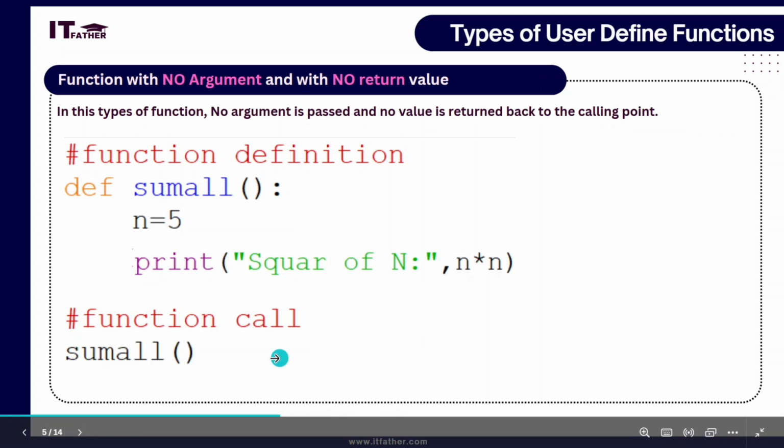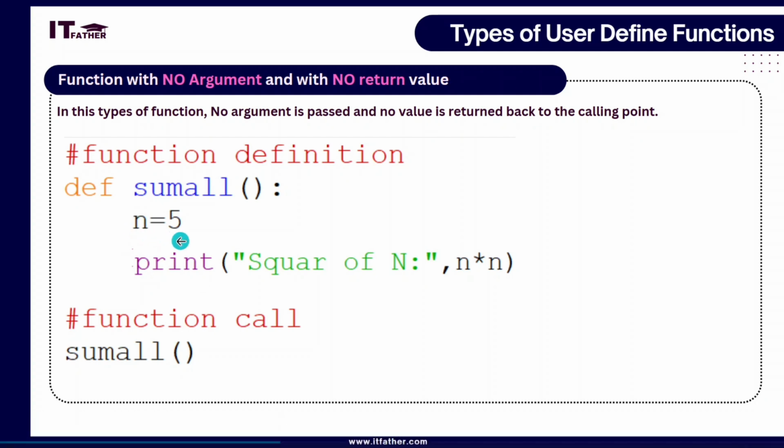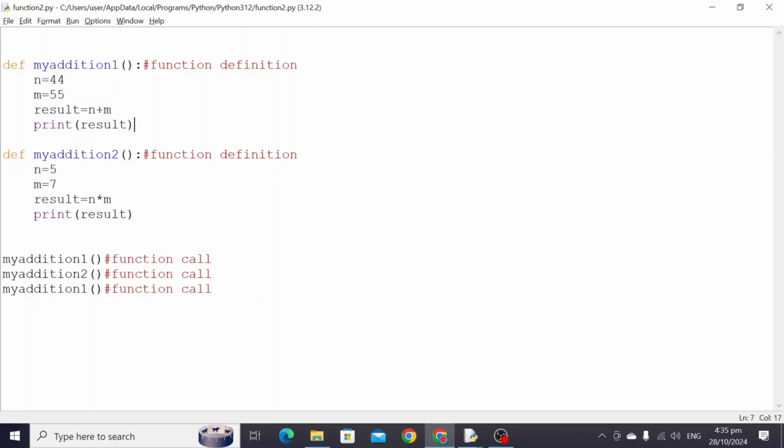When this function is called, it initializes the variable with the value and prints the output also. No argument is given and no return value is coming. This is a very simple example which we have done till now. So this program which we have done till now is an example of a function with no argument with no return value.